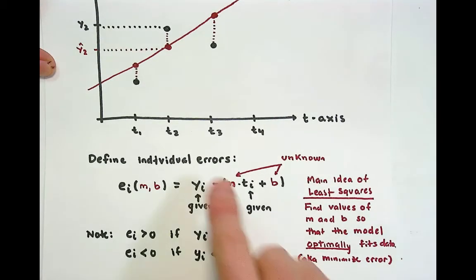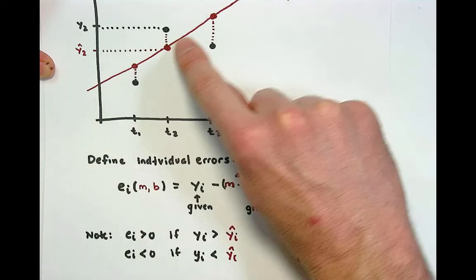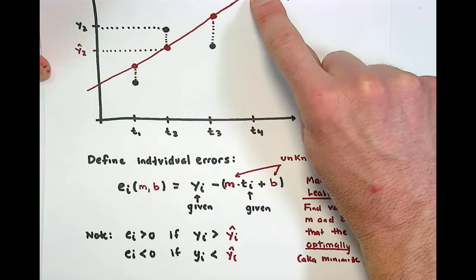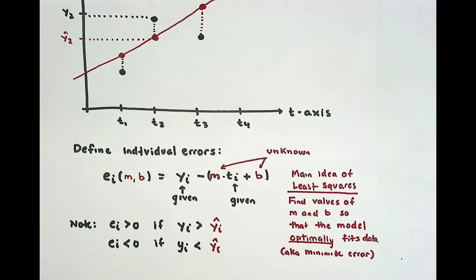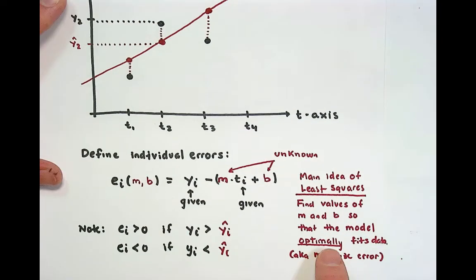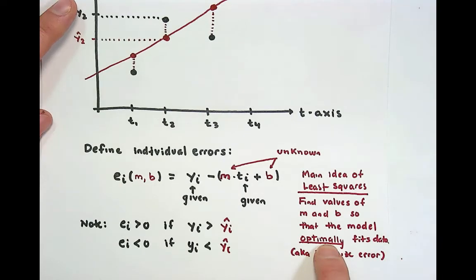Okay, so the whole idea is we have this data, we want to find parameters to optimally fit the model to the data. The question is, when we go to optimize something in calculus, we need a function to actually optimize.